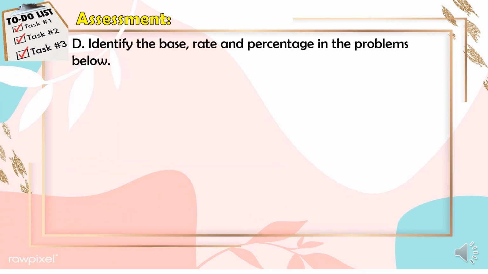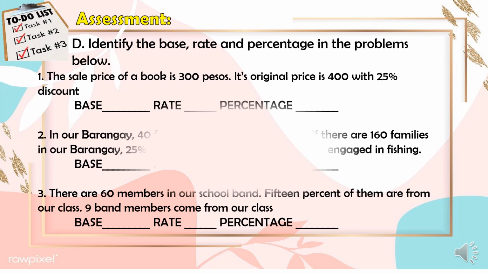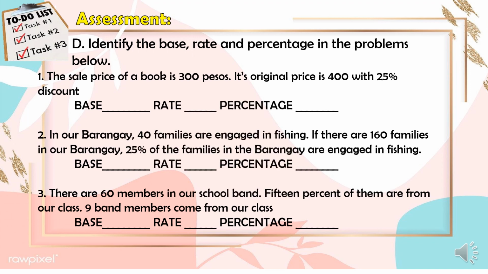Okay, so let's move on to assessment letter D. Identify the base, the rate, and percentage in the problems below. So we have number 1 problem. The sale price of a book is 300 pesos. Its original price is 400 with 25% discount.